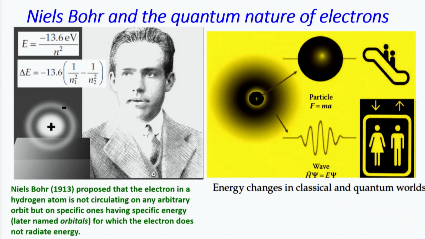Like going from one level to another by using a lift, there is no way to be in between two levels. So, the energy is quantized, and that quantized energy gives the specific states where the electron can reside without dissipation of energy.